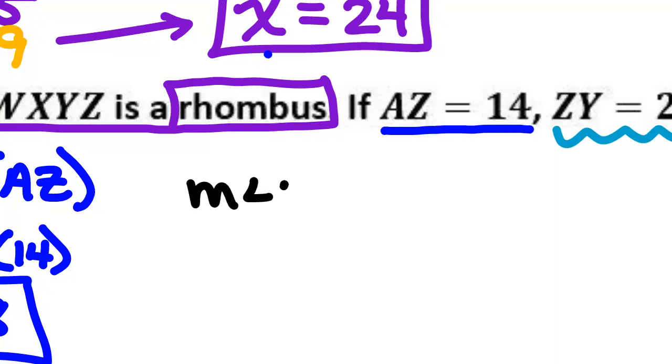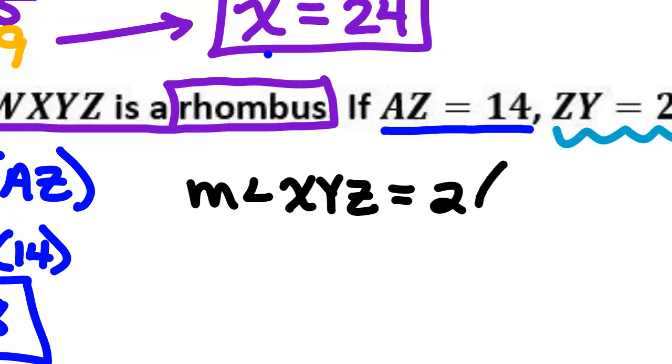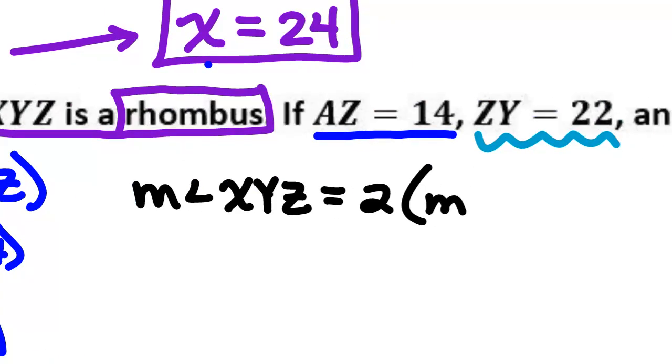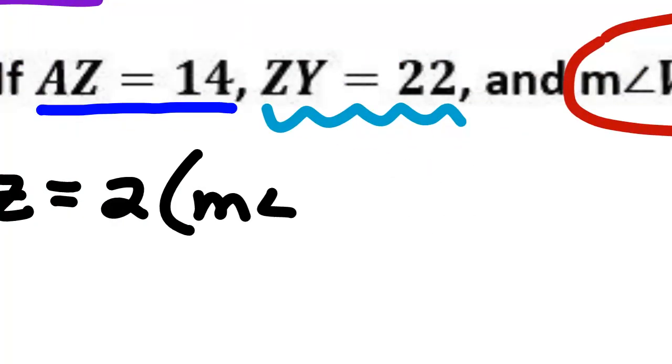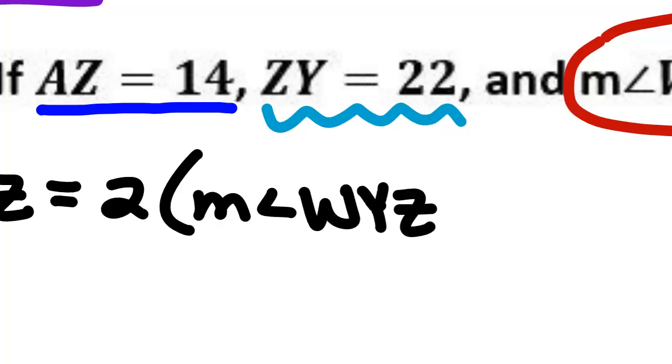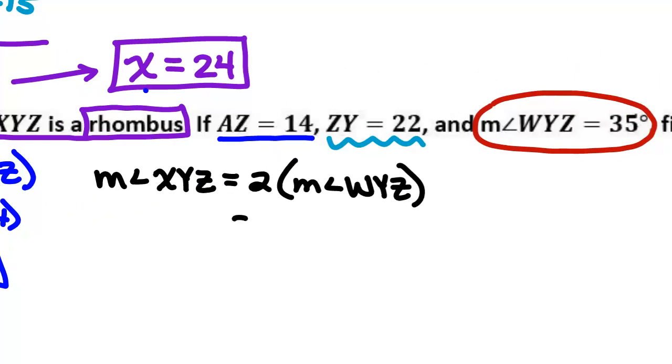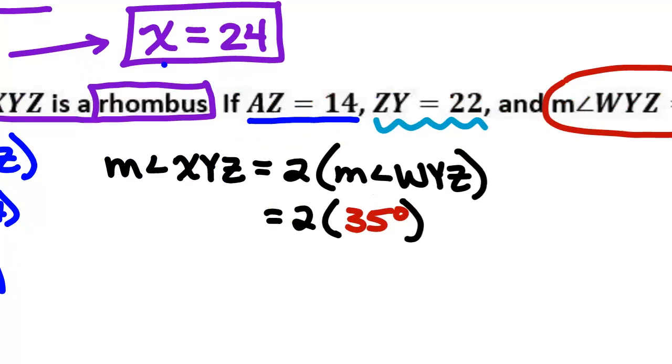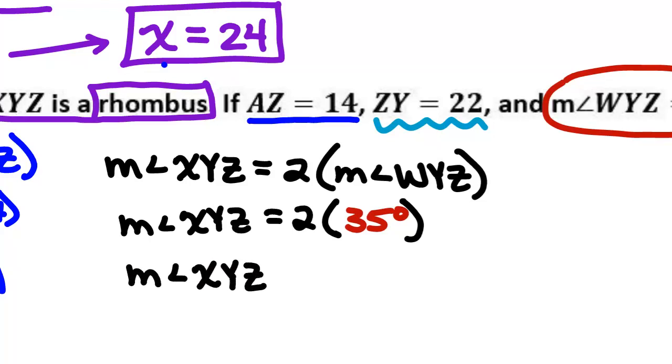Measurement of angle XYZ is 2 times the measurement of angle WYZ. Angle WYZ is 35 degrees, so we do 2 times 35 degrees. And that would give us what? 70 degrees.